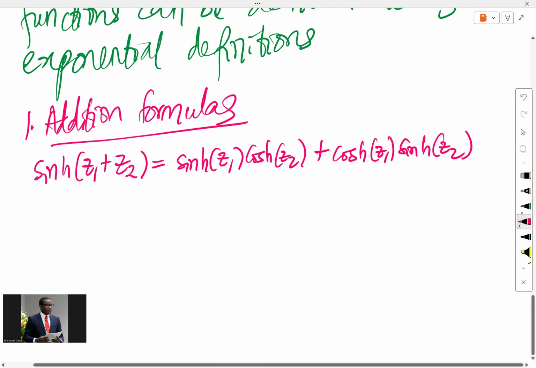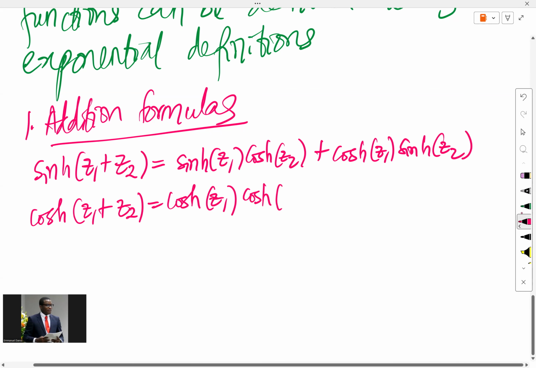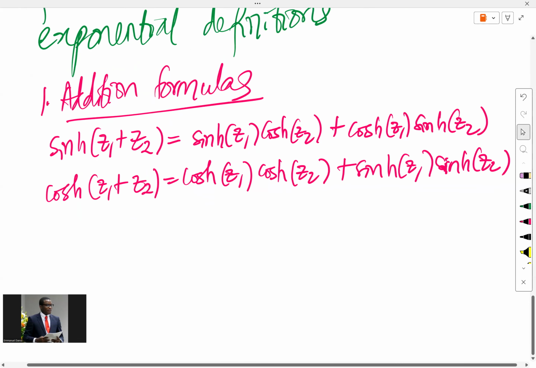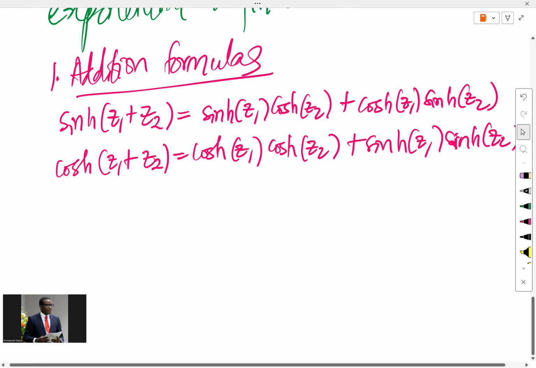And then, of course, we know that cos of z1 plus z2 equals cos z1 cos z2 plus sine z1 sine z2, like that. So that's the addition formula.